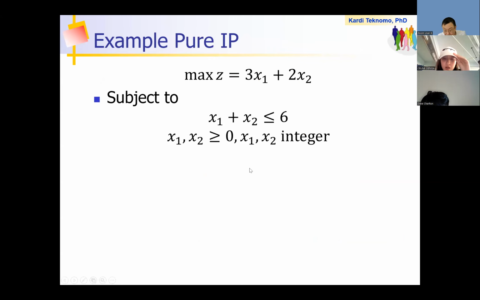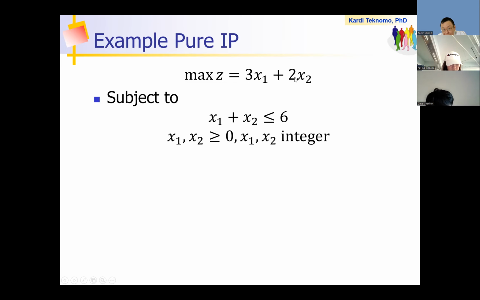Tiara? Dave? Anyone? What makes it integer programming? Have you seen this kind of mathematical equation? You learned this in OR1, right?